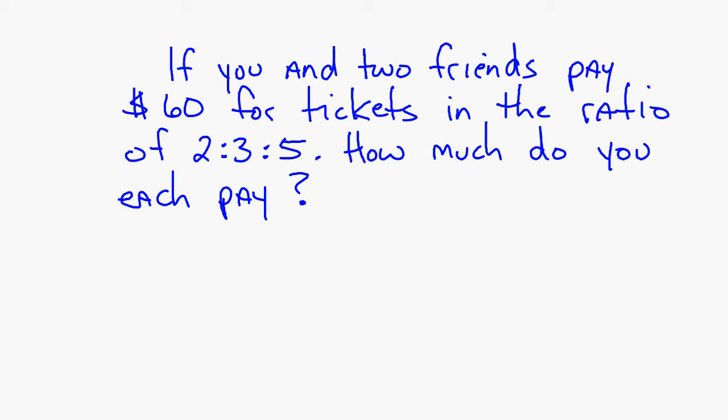What this means is that 2 times a number plus 3 times a number plus 5 times a number equals 60. So you set up an equation: 2x plus 3x plus 5x, and you make it equal to the total amount that you paid, which was $60.